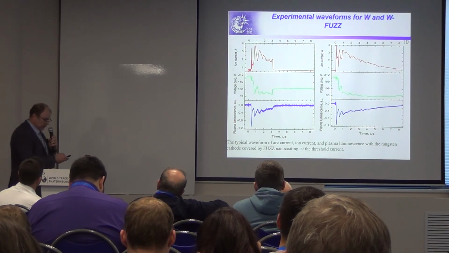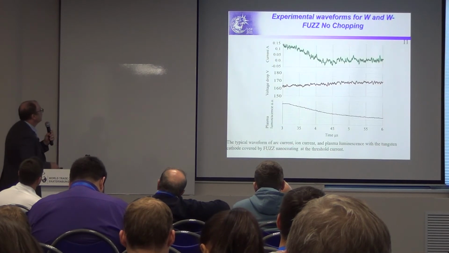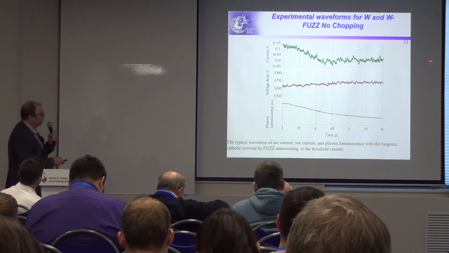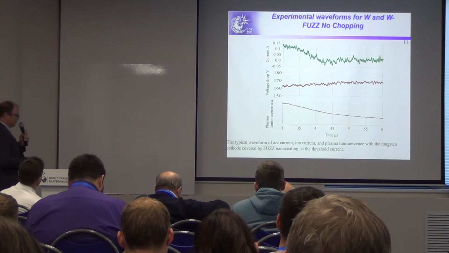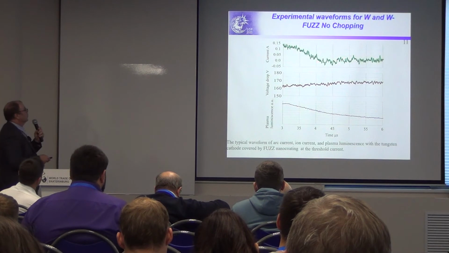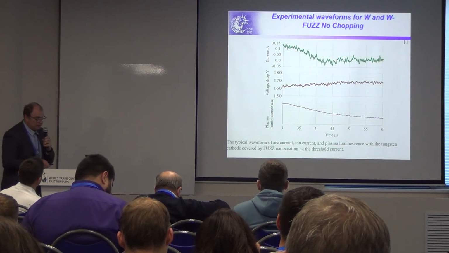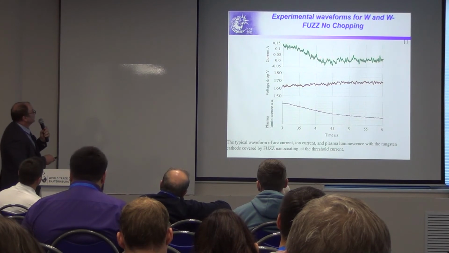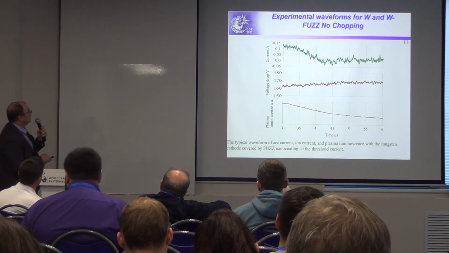Even in some cases, we could not see any chopping of current in the vacuum arc discharge. Or this chopping current, the threshold current, was on the level of noise. There is no steep or significant noticeable drop.